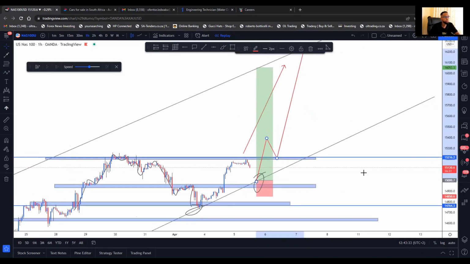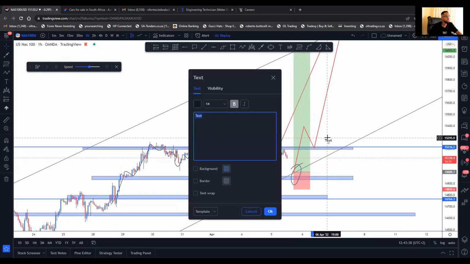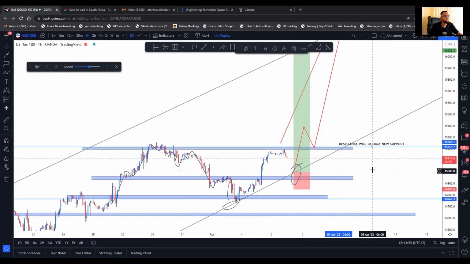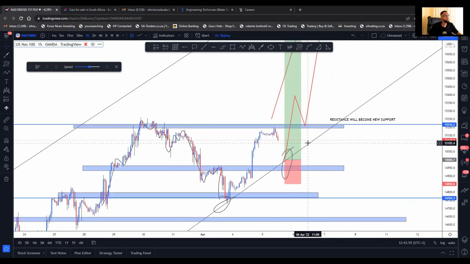Now this will become the new support. It was a resistance, and now you see it's holding. So resistance will become new support. Patience, guys, don't rush. We can also see this is an inverse head and shoulders.